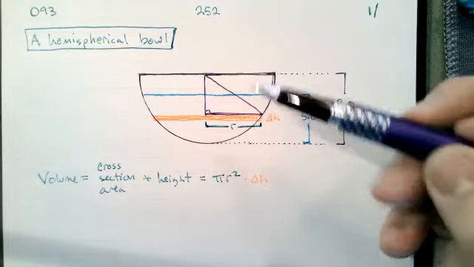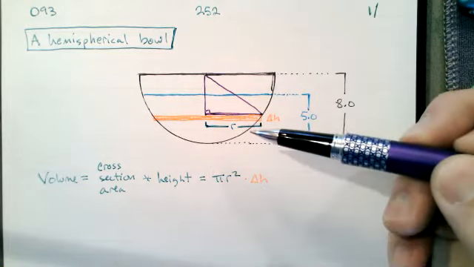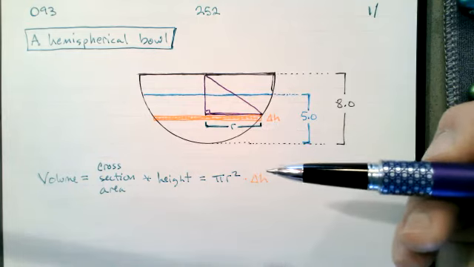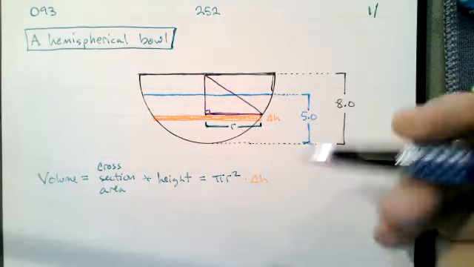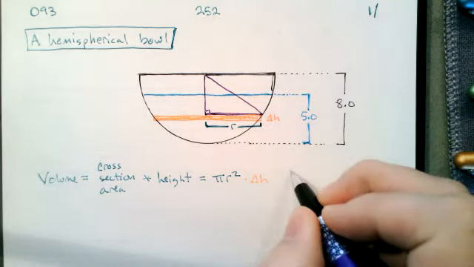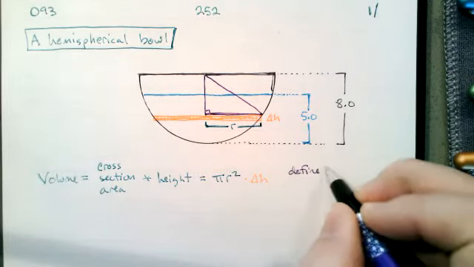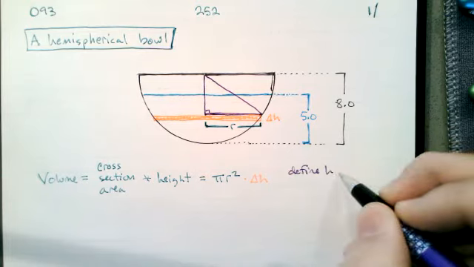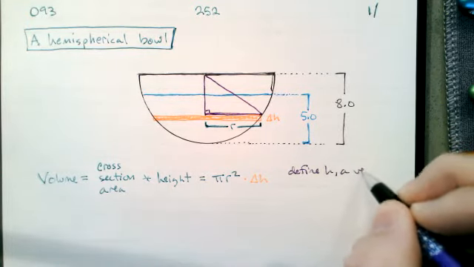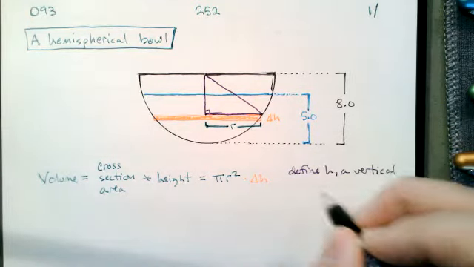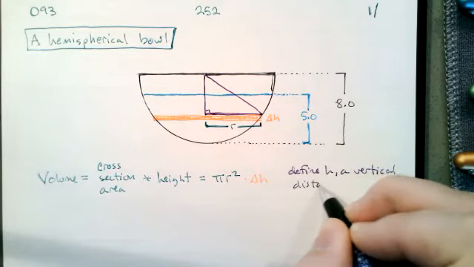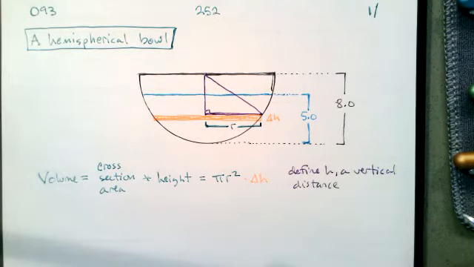And what we notice here is that we have to decide where h goes. So now we have to finish defining h to make sure it goes in this vertical direction. So now we need to define h, and it has to be vertical. So h has to be some vertical distance involving the slice.